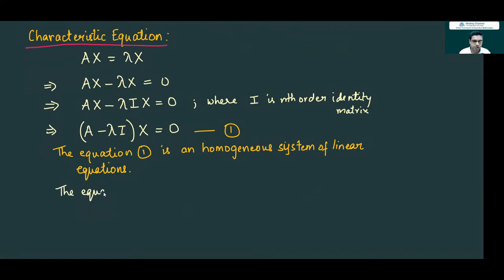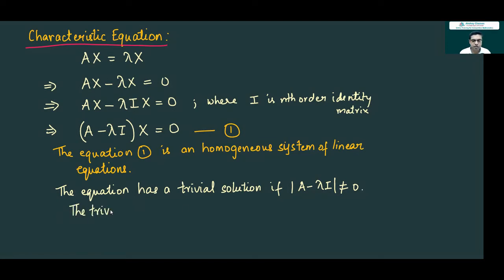Now, this equation has a trivial solution if the determinant of A minus lambda I is not equal to 0. What is the trivial solution for a homogeneous equation? It is X equal to 0.